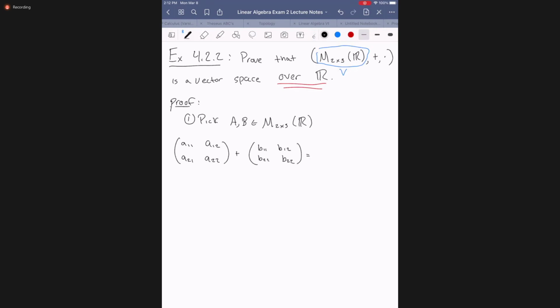How did we define matrix addition? We defined it so that we add entrywise, right? So A11 plus B11, A12 plus B12, A21 plus B21, A22 plus B22.